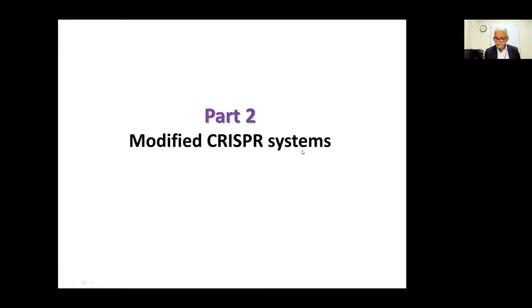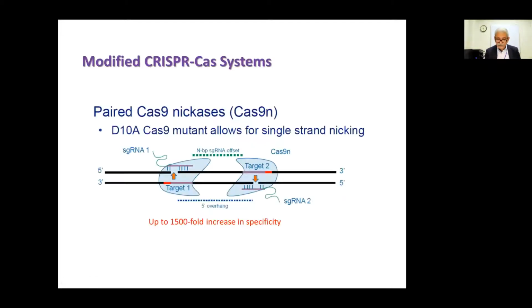So now the CRISPR-Cas system is a 2-component system that we use in the laboratory. Other modifications have been done to the CRISPR-Cas system that we are going to study.